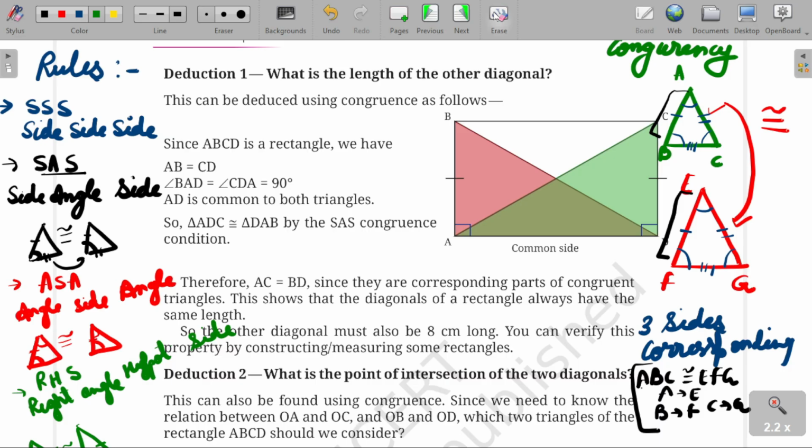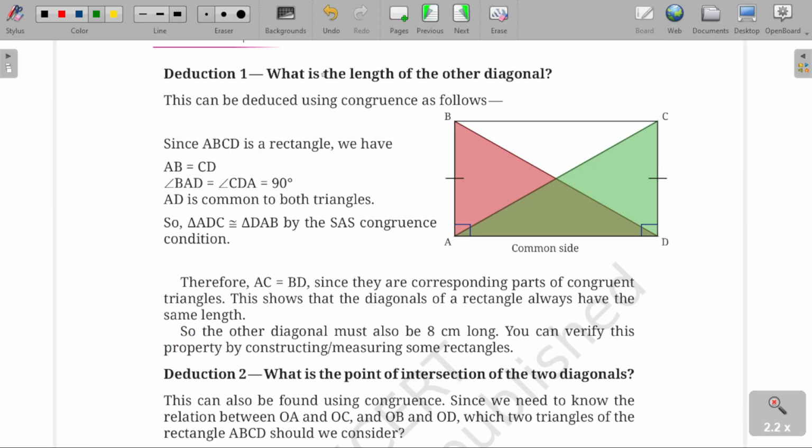So we are deducing the length of the other diagonal.